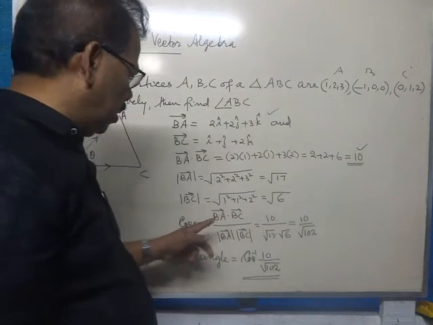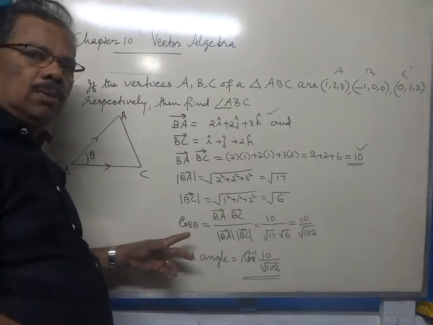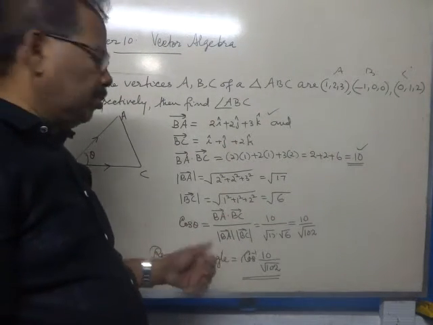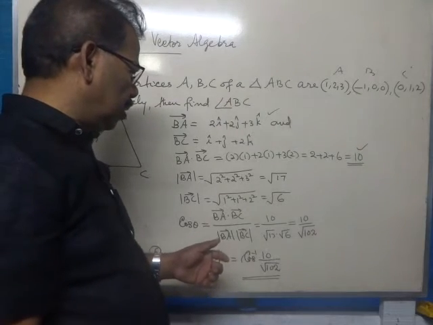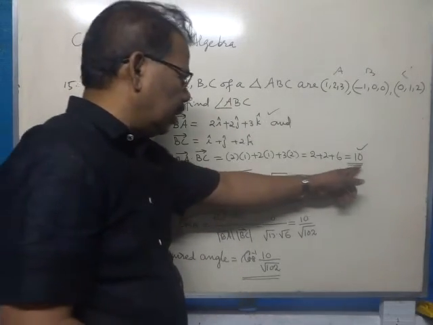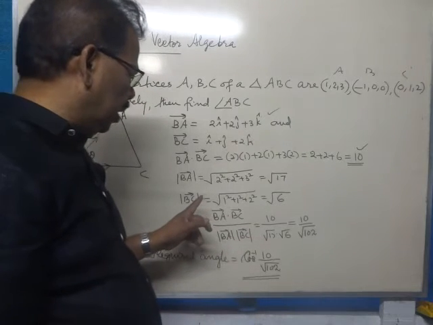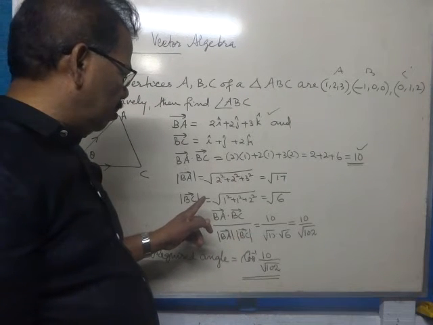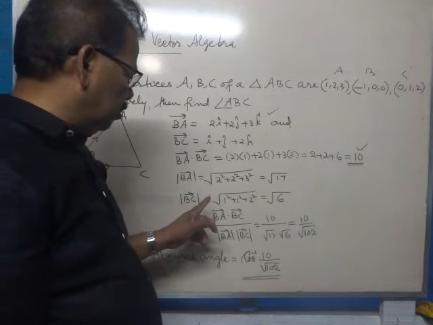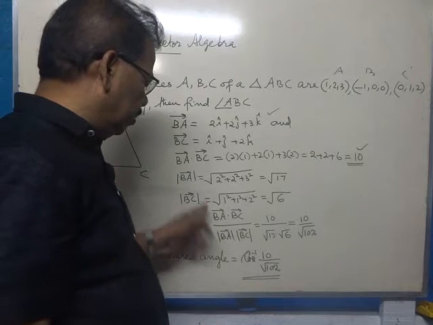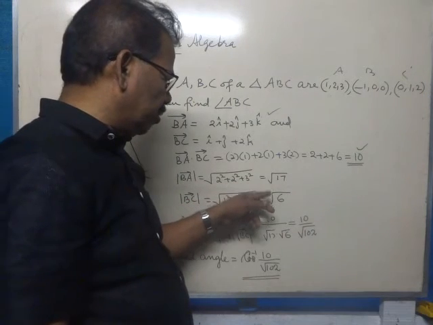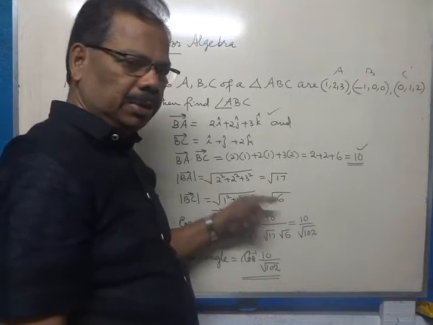Now, we know A dot B is equal to 10 and modulus A and modulus B are root 17 and root 6 respectively.